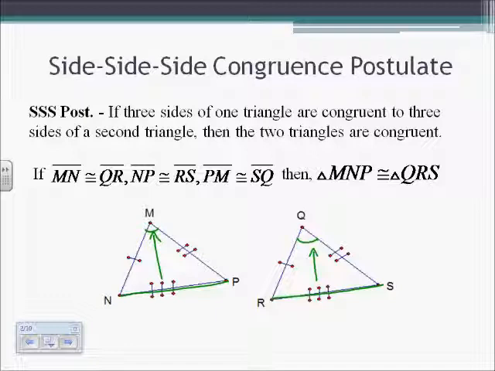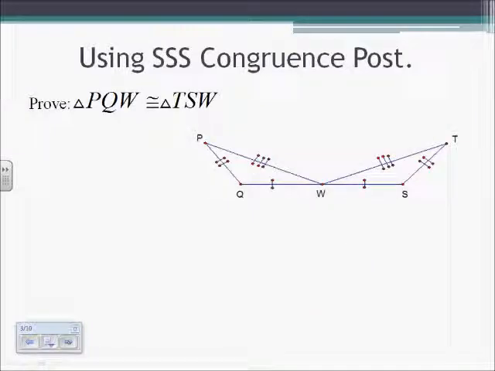Using that same logic, angle N and angle R are congruent, and the same thing with P and S. So we have all angles and all sides being congruent, which is the definition of having congruent triangles or congruent figures for that matter. So this does hold true, and we could write a formal proof, but we're just going to trust previous mathematicians on this one. Alright, let's show this congruence postulate.